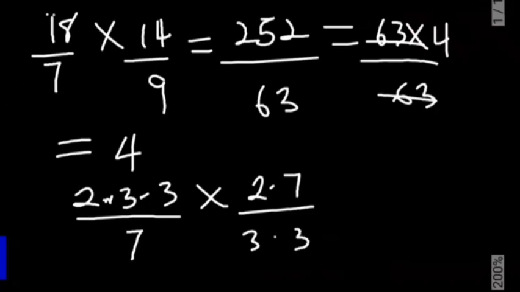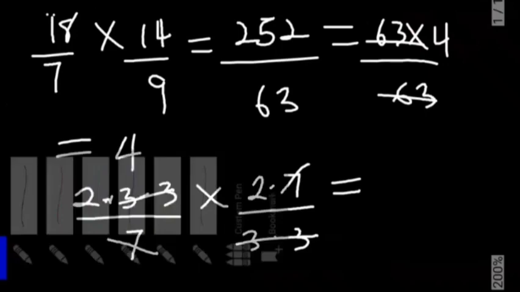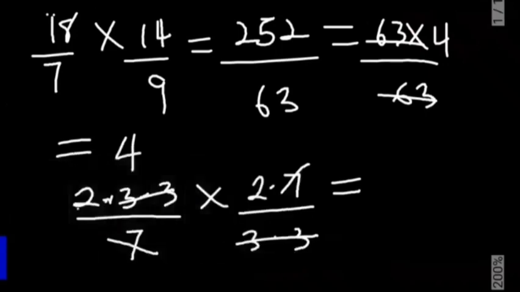So here 3 times 3 cancels out 3 times 3, and 7 cancels out 7. So here we have this 2 multiplied by this 2, so we have 4.